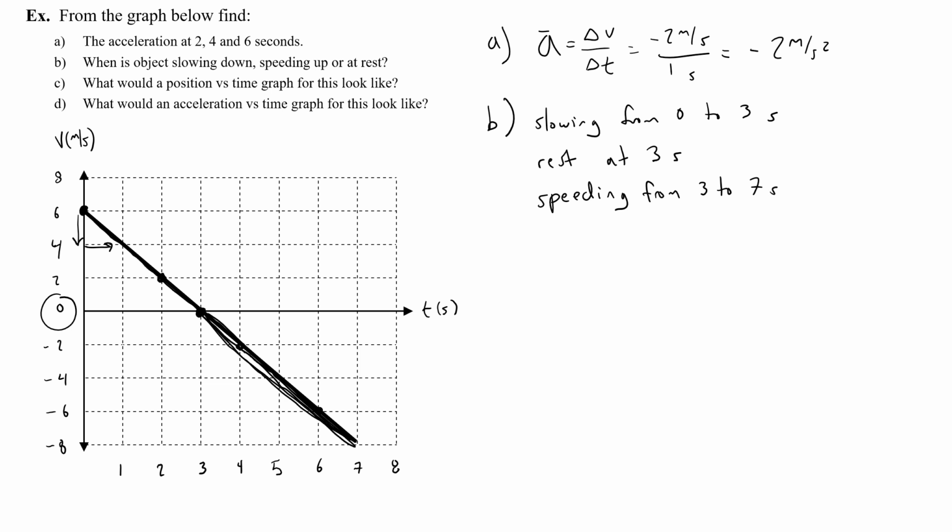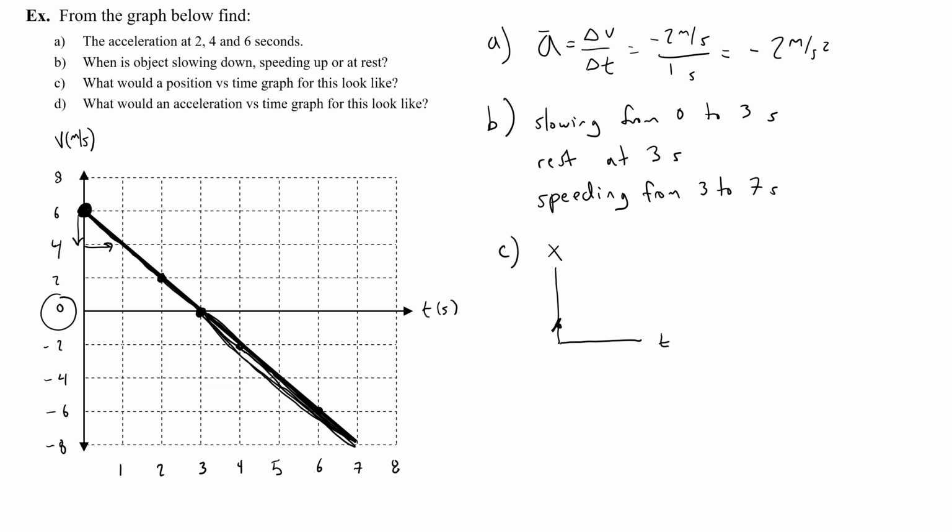Okay. What would a position versus time graph look like for this? Well, if I sketch a little x versus t graph, I don't really know what position this would start at. I can just pick any position, let's just say arbitrarily right here. But I do know from this +6 velocity that I would need to start my line with a slope of positive 6, because slope on a position versus time graph is velocity.